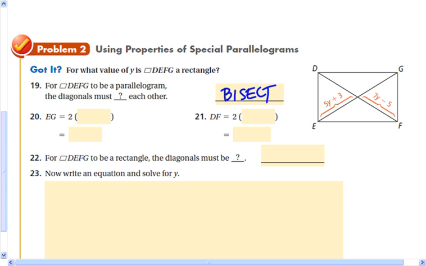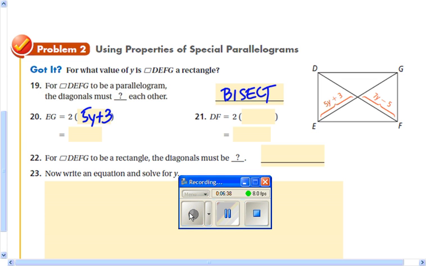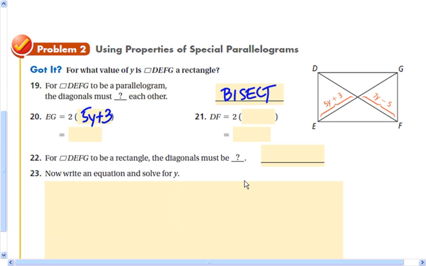So EG is equal to 2 times 5y plus 3, so EG equals 10y plus 6 if we use the distributive property.